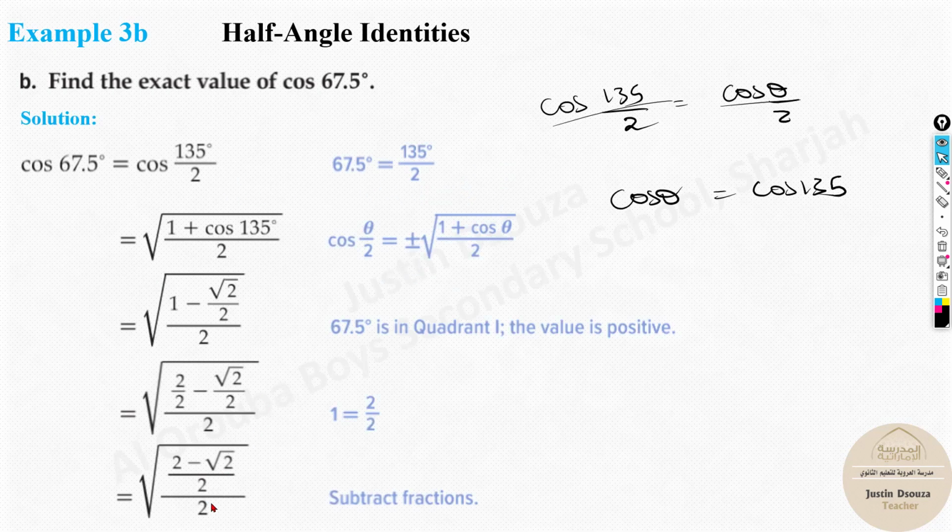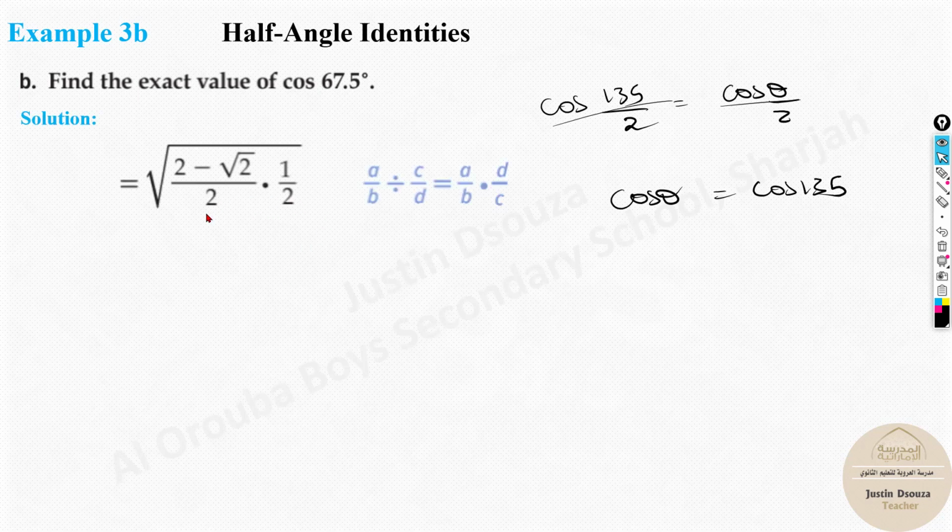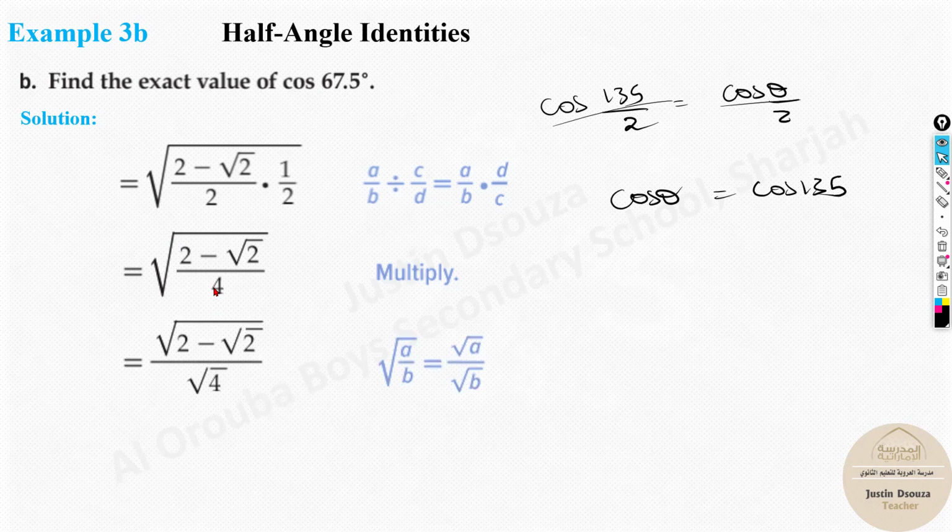Basically, when you bring this divided by 2 up, it will be half, isn't it? So you multiply this 2 and 2, you'll get 4. The numerator remains the same. Now over here they have split the radical symbol into numerator and denominator. That's it.